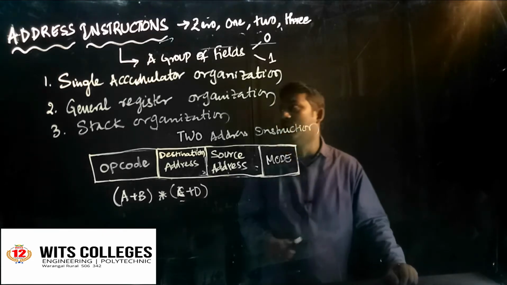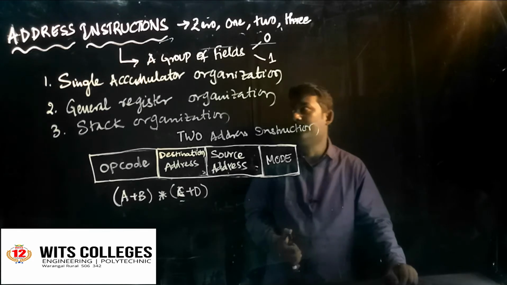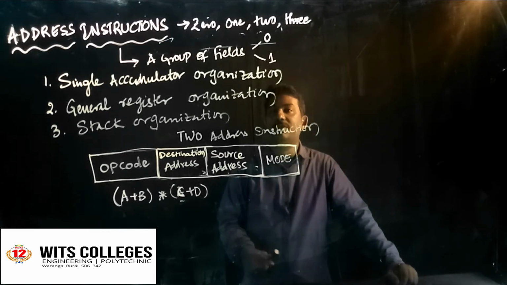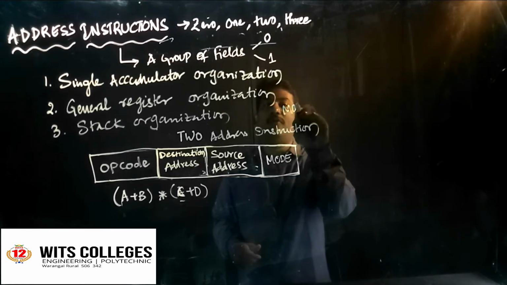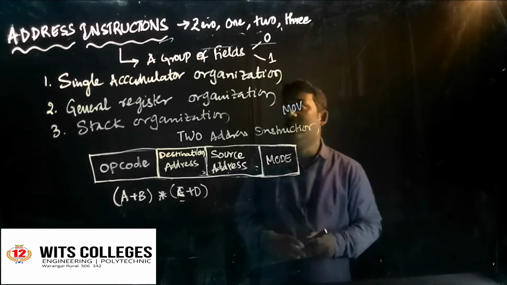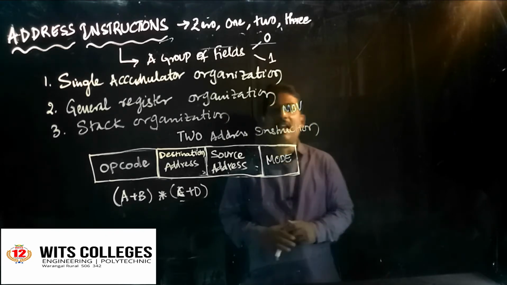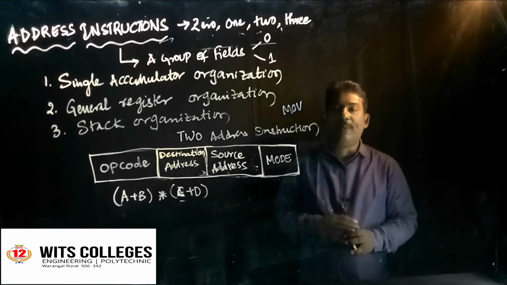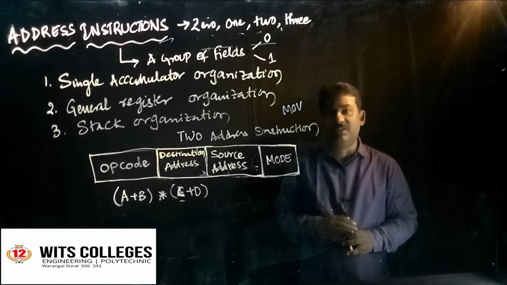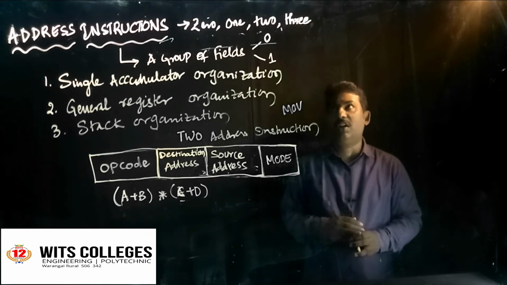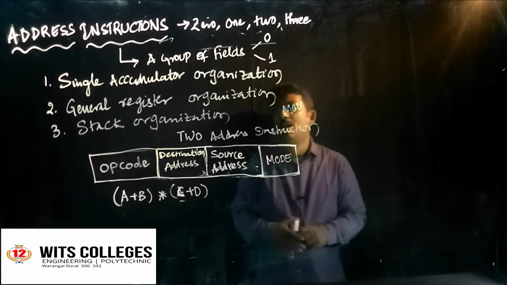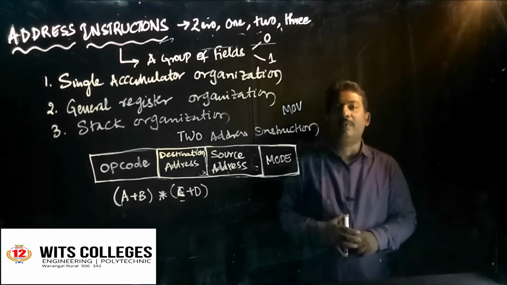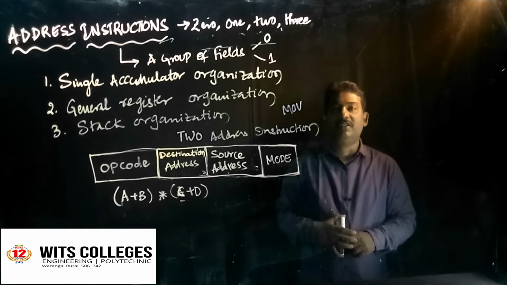The same problem we are going to solve here also, where we are going to use a term known as MOV, move. Move is an instruction that transfers the operand from memory to register and from register to memory.